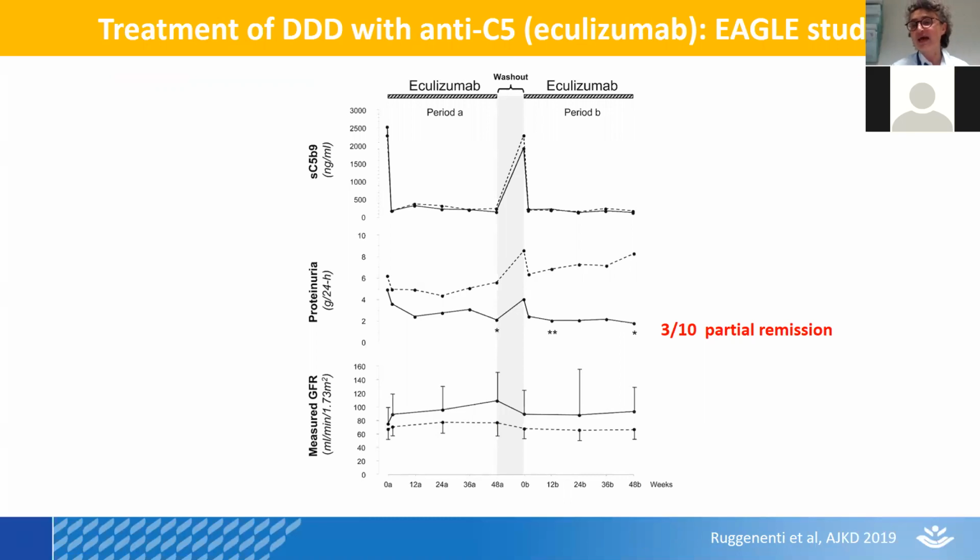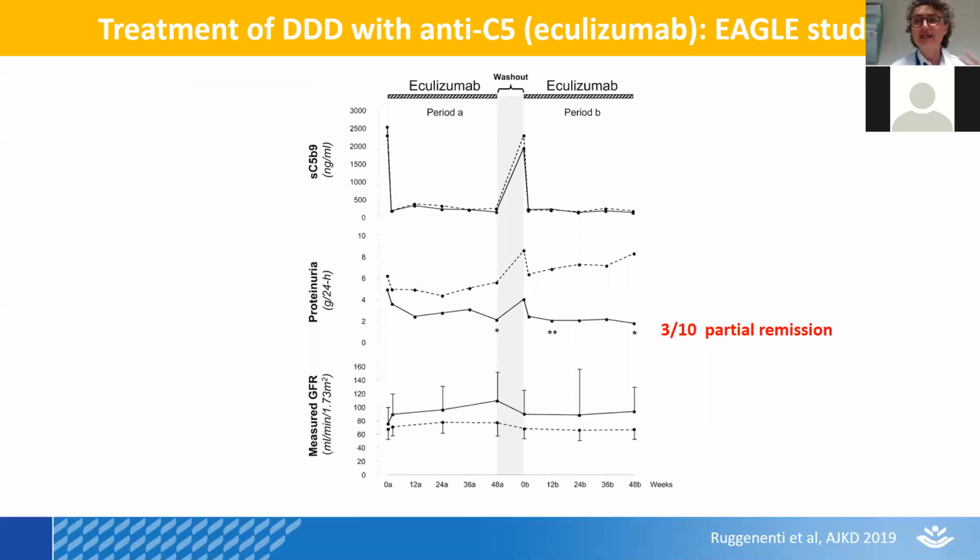I'm showing you this paper because this is the only formal study that addressed the use of eculizumab in C3G patients. We saw that only between 1/3 and half of the patients have a remission, some complete, but mostly partial.